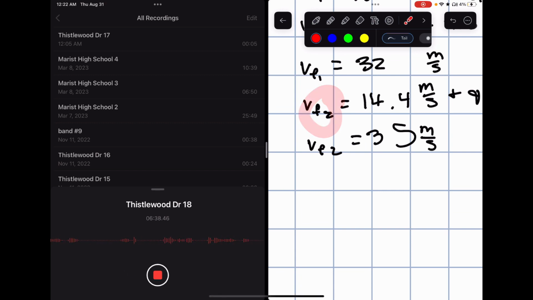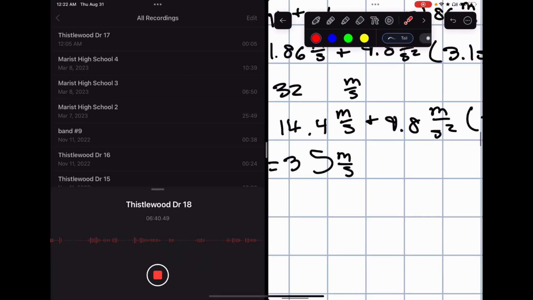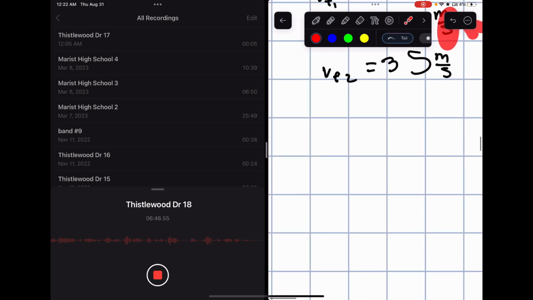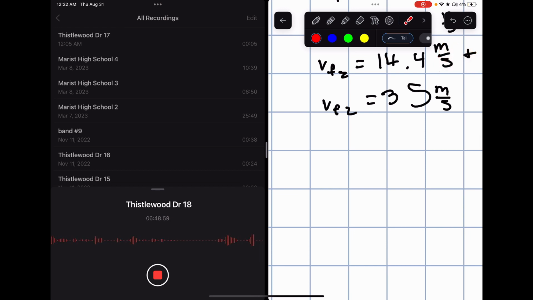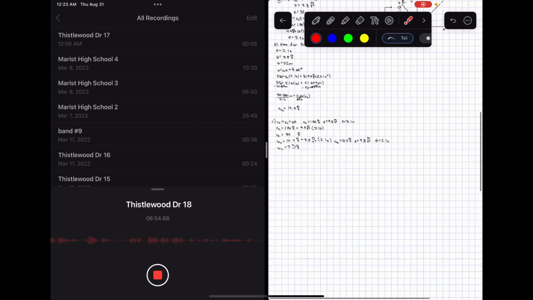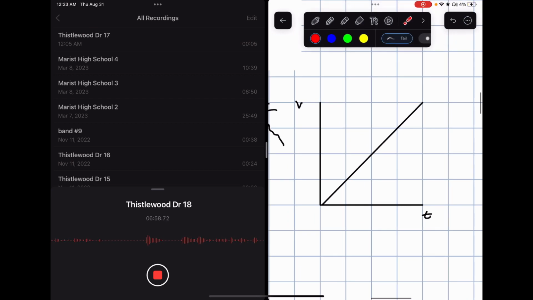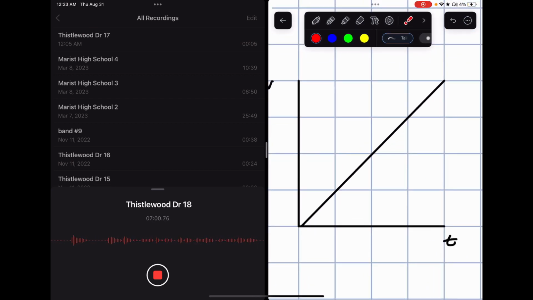The final velocity of the second stone is 14.4 meters per second plus 9.8 meters per second squared times 2.1 seconds. I added, I multiplied all that, and I got 35 meters per second for the final velocity.